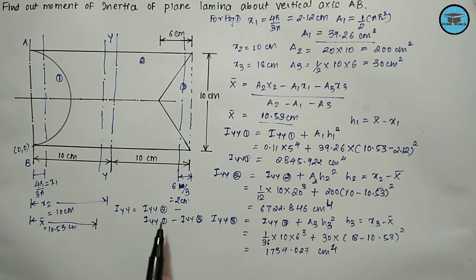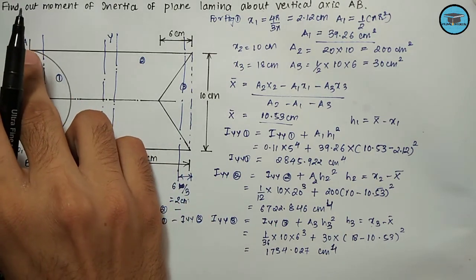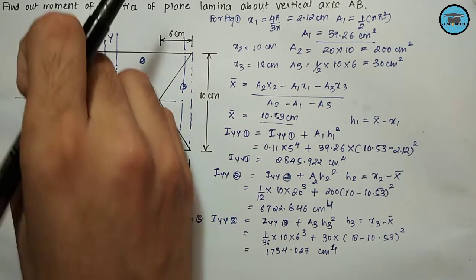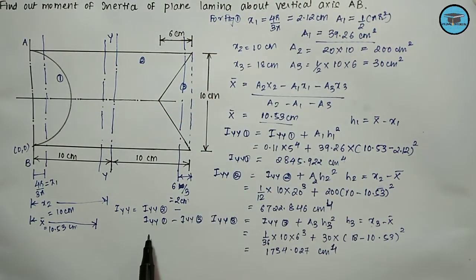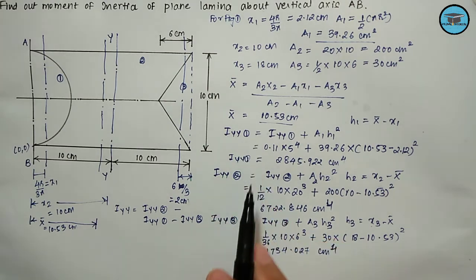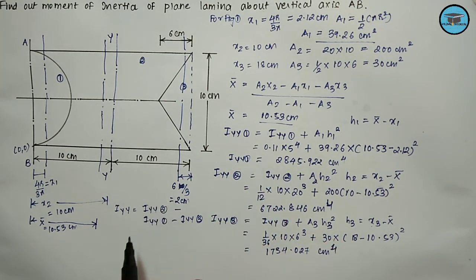We have subtracted this moment of inertia from the Iyy2 as there is a semicircular hole present on this side and the triangular region cut on this side. So we have subtracted from Iyy2. So placing the values of Iyy2, Iyy1 and Iyy3, we will be getting the value of Iyy as somewhat 2142.897 centimeter raised to 4, okay.